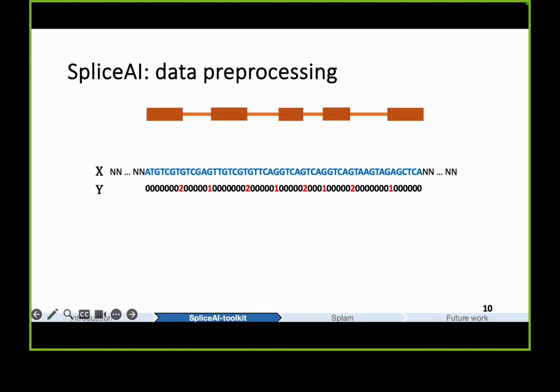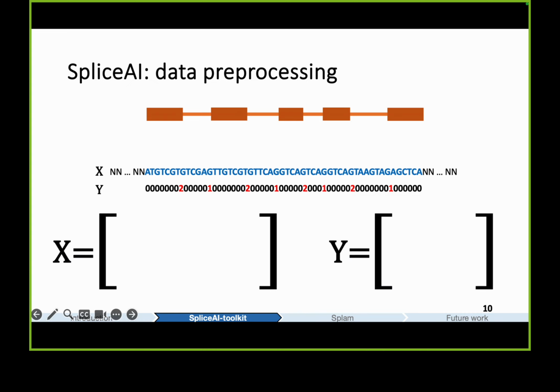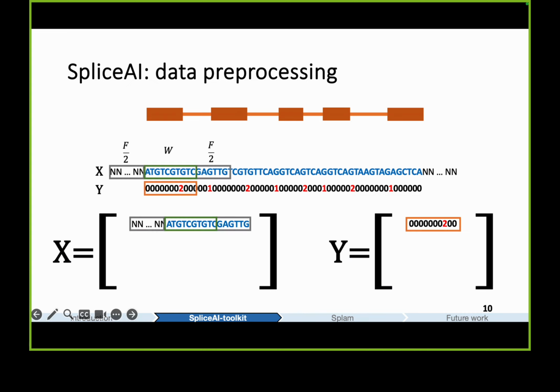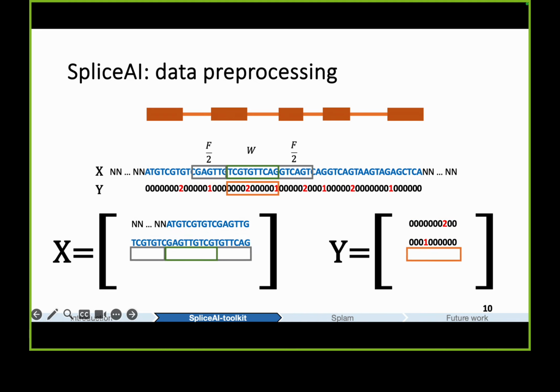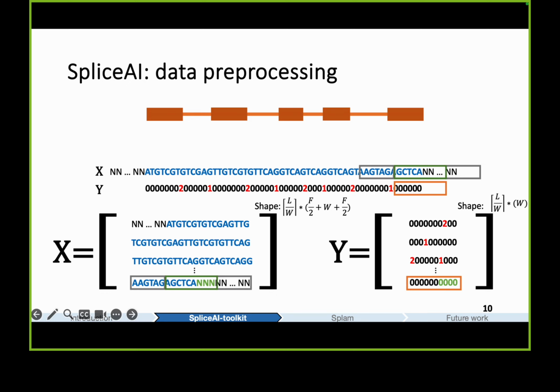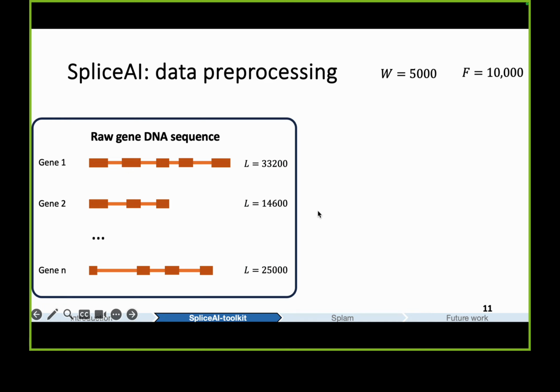The approach that Splice AI adopted is called sliding window chunking. Given a gene sequence, we can label X and Y. We select a window size, in Splice AI's case 5K, and we put flanking sequences on each side, also 5K on each side. We slice through the gene sequence, and now a gene sequence is converted into an XY matrix, where X is in the shape of the upper bound of L over W times the flanking sequence plus the window size.